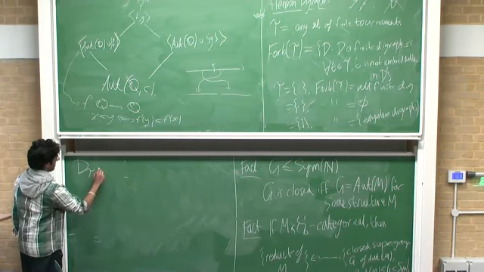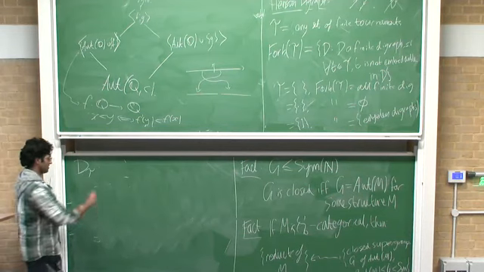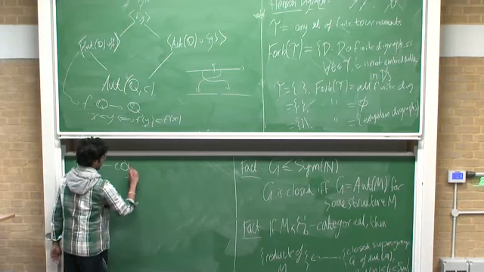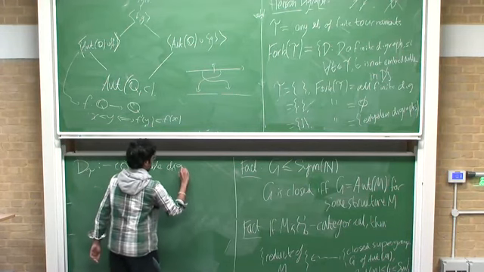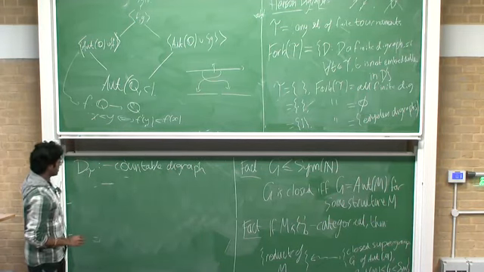So then, finally, we get to our digraphs. D_T I will define to be a countable digraph which satisfies the following properties. A, it's a countable digraph.